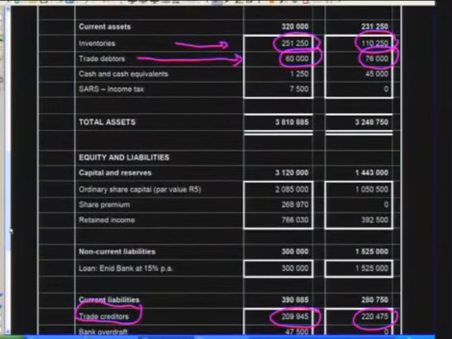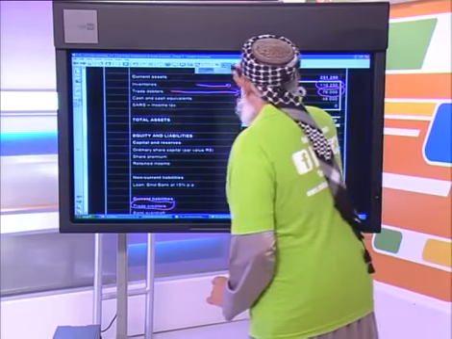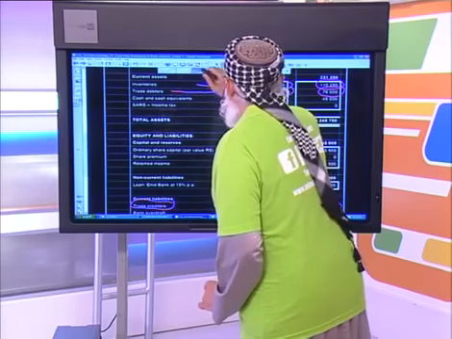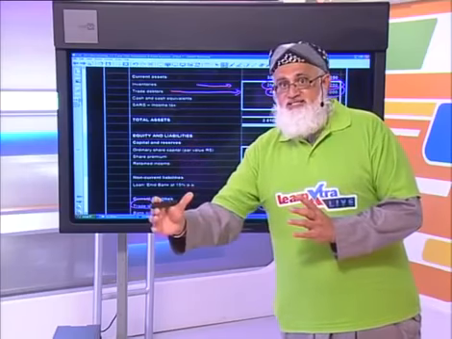Now going back, let's look at my ordinary share capital. What do you notice? My share capital was 1,050,500. That was my share capital last year. My share capital this year was 2,085,000. So immediately you can see that we sold more shares.